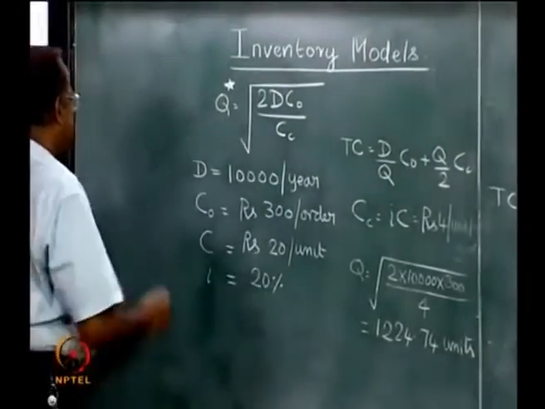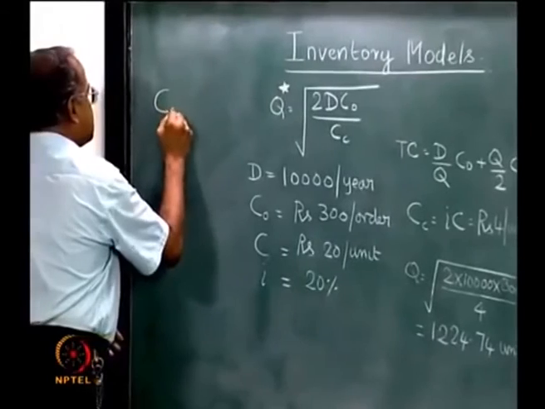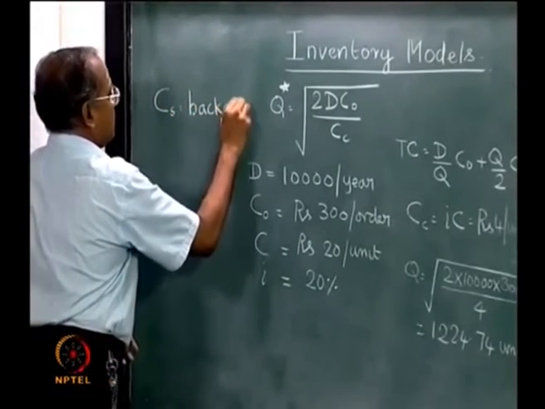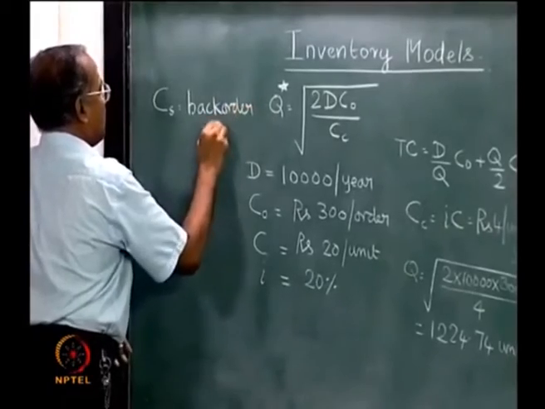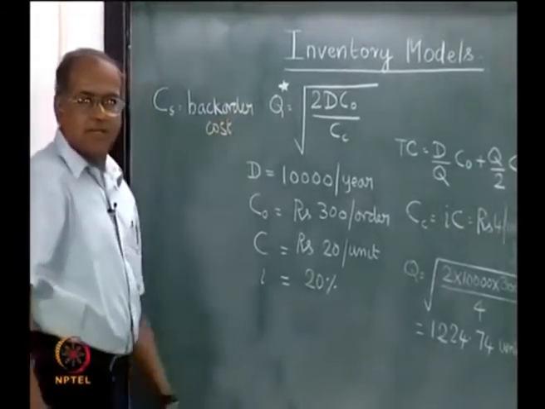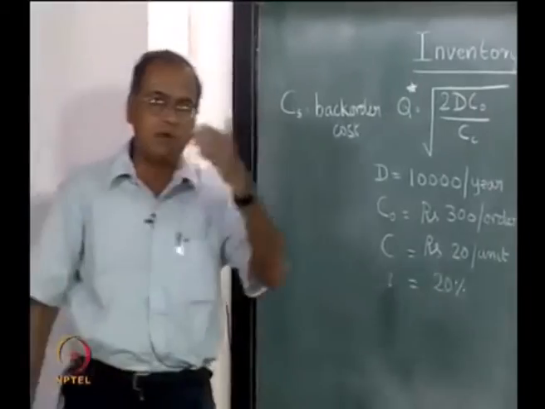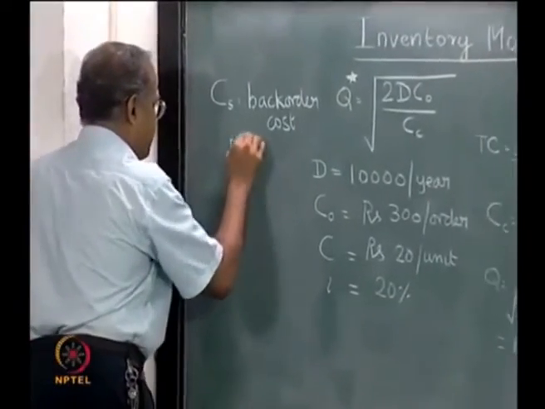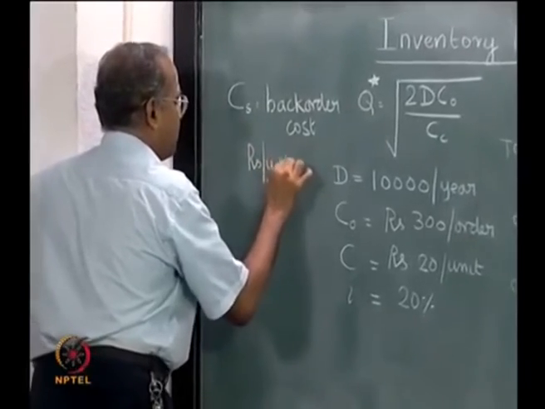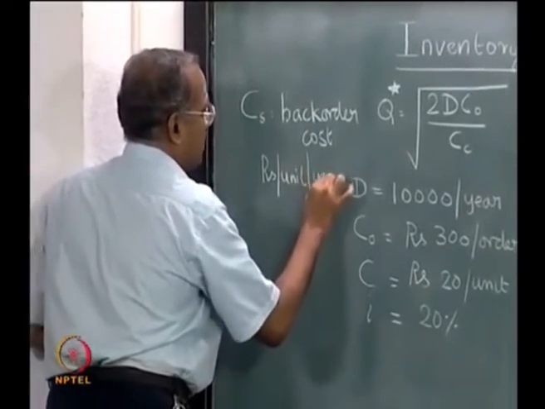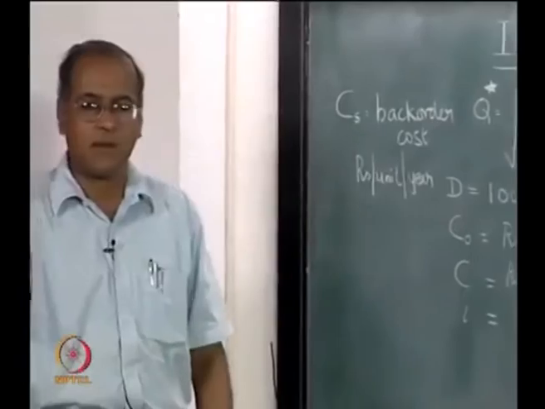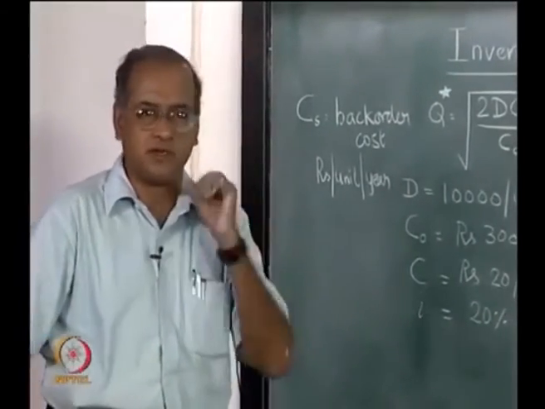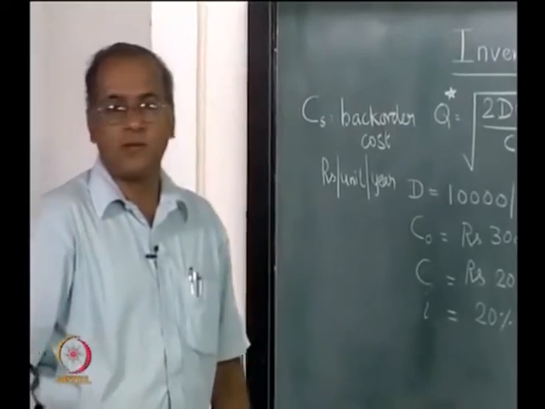So let us now define CS, which is the back order cost. And this is right now defined in the same units as CC. So this will be rupees per unit per year. CS and CC will have the same units, rupees per unit per year.